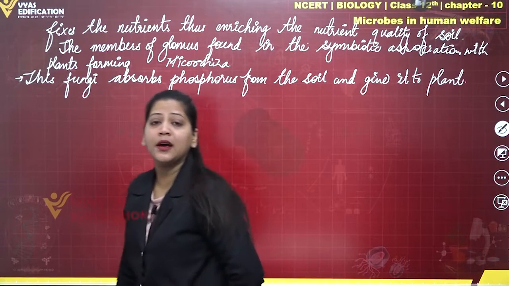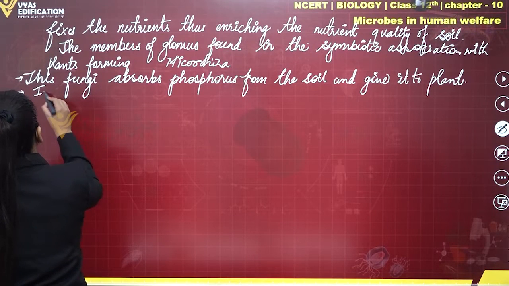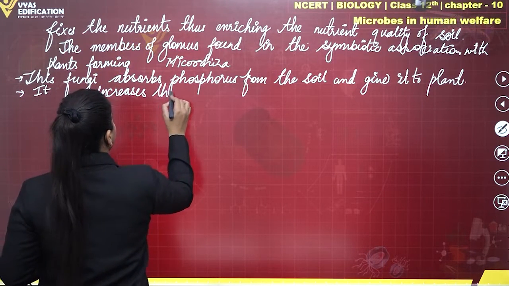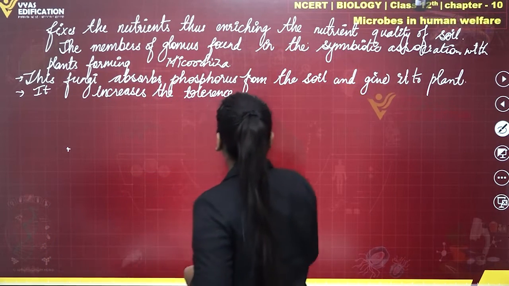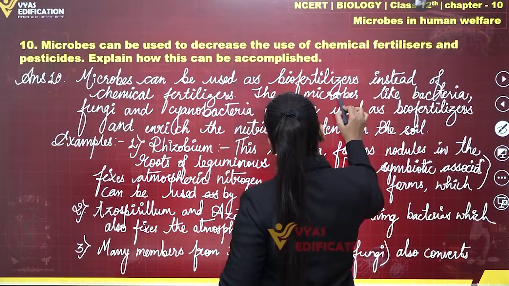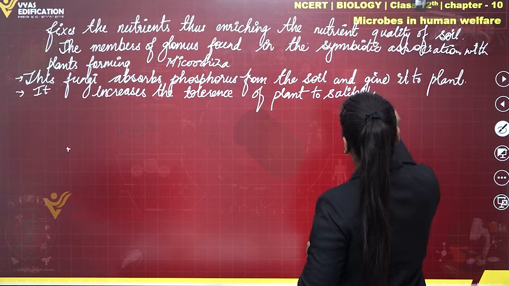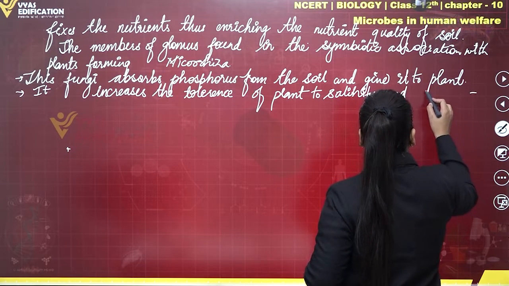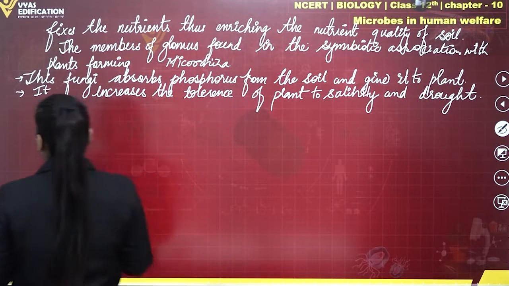The next thing, this fungus in the symbiotic association mycorrhiza, what does it do? It increases the tolerance of the plant to salinity and drought, so that the plant can grow easily.